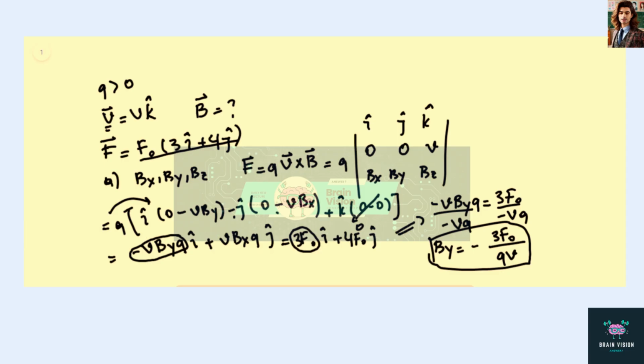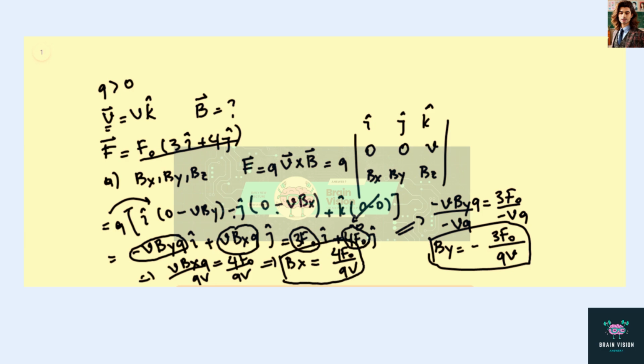For the j component, we have 4F naught equals v Bx times q. So v Bx q equals 4F naught. If we divide both sides by qv, we have 4F naught over qv as our x component of the magnetic field vector. However, again, we couldn't say anything about the z component.